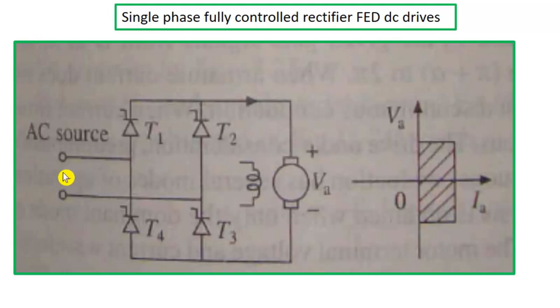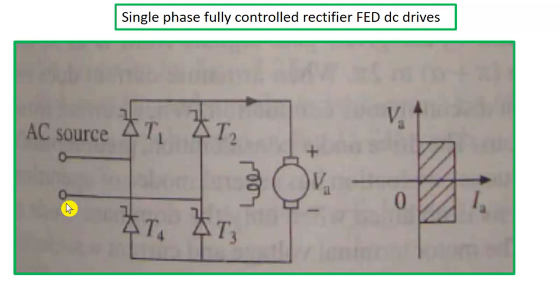How this AC is converted to DC, we can see that thyristor number 1 and thyristor number 3 will be on during positive half cycle, and in case of negative half cycle, 2 and 4 will be on. So in both the half cycles, you will see that current will always flow in this direction.